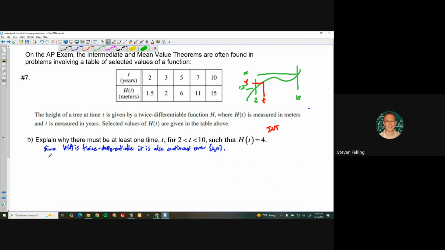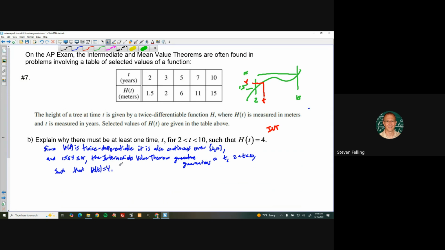And then you can say, and since 4, the target output, is between the endpoint outputs of 1.5 and 15, the intermediate value theorem guarantees, I can't spell that right, guarantees a time between 2 and 10 such that h at that t is equal to the y value of 4.